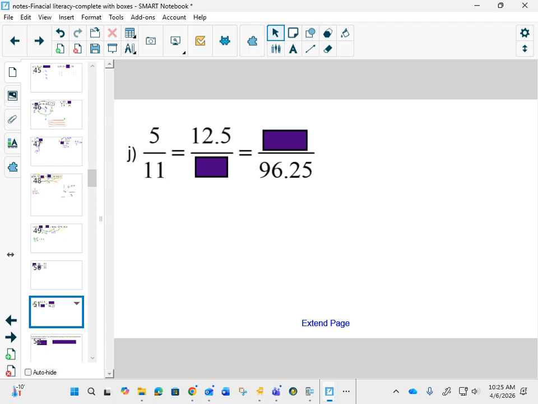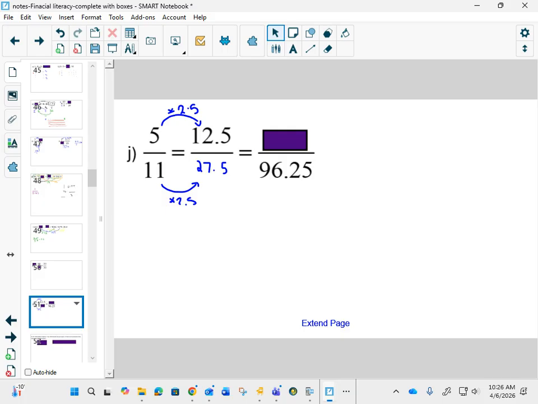What would you have to do to go from this one to this one? You're going to multiply by 2.5. I multiply by 2.5. 27.5.